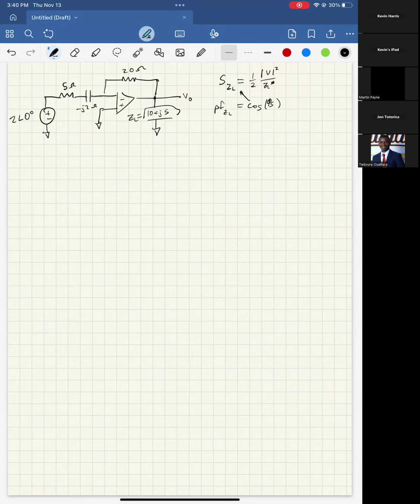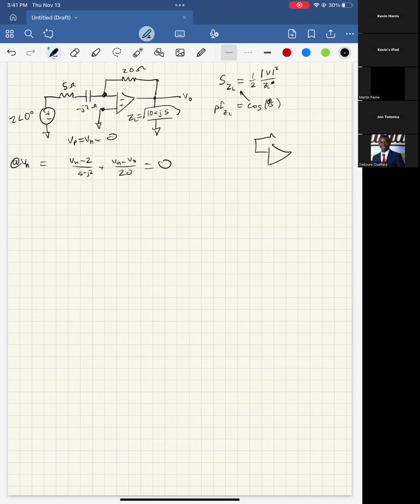Now it's just a normal op amp question. Vp equals Vn equals 0 in this case, because P is tied directly to ground. So then at Vn, we have Vn minus 2 over 5 minus j2, because of that capacitor, plus Vn minus V out over 20 equals 0. This is again just that inverting amplifier we saw before.